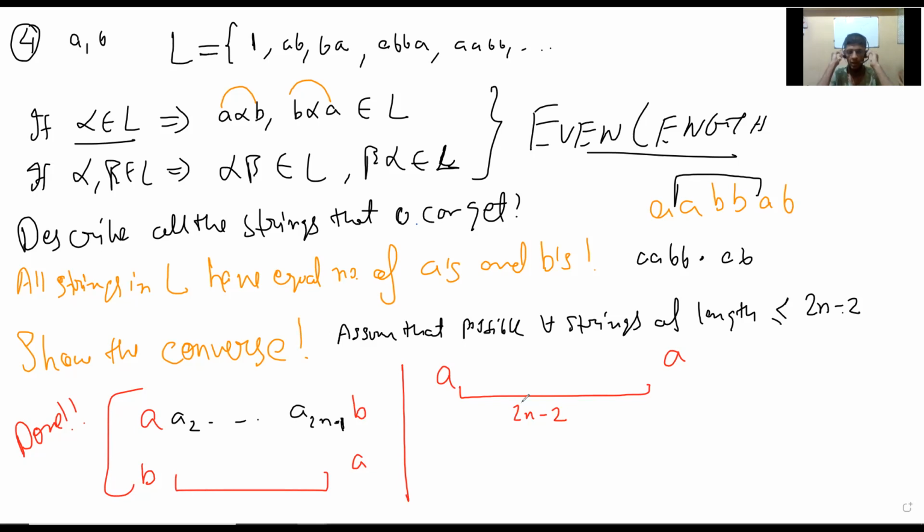Is this clear to everyone? This is just natural casework. You could write it in other ways also. But now if something starts with an A and ends with an A, but it has an equal number of A's and B's.